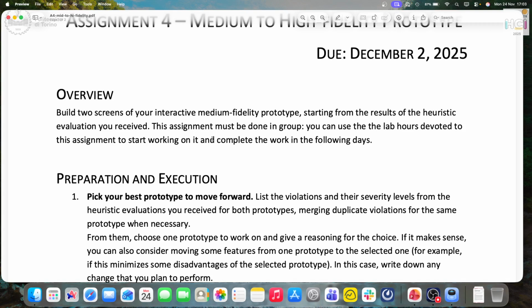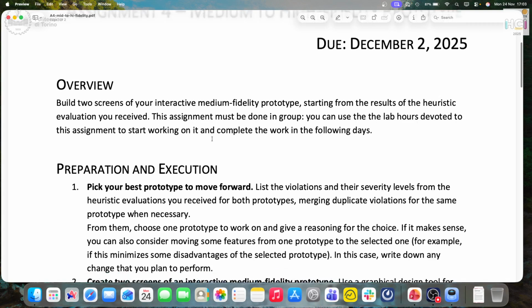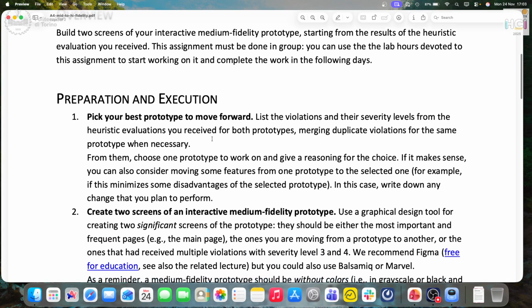So as a group, you should have, by that moment, received the heuristic evaluations from all the evaluators for your 2 prototypes. So starting from that information, you have to decide how to move on, and to move on in medium fidelity, not in low fidelity. Well, that must be done in group, etc.